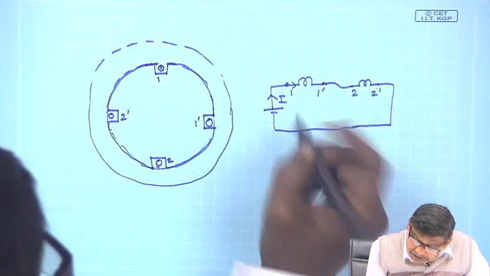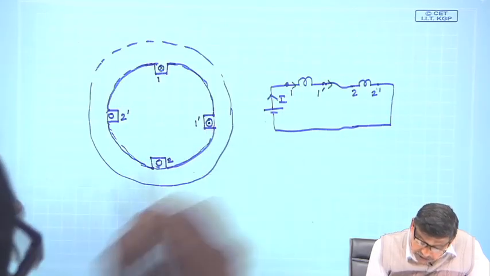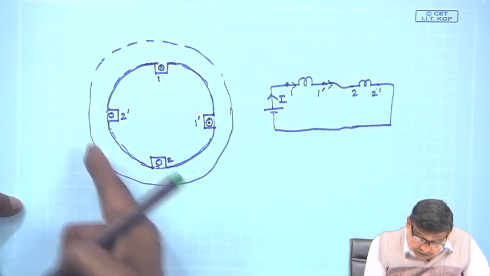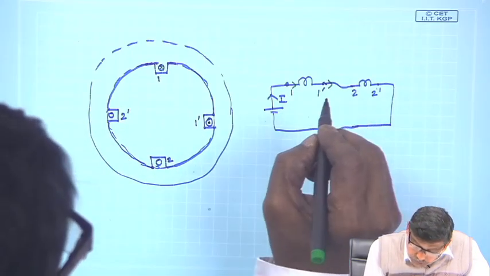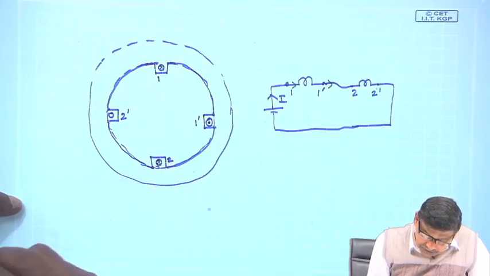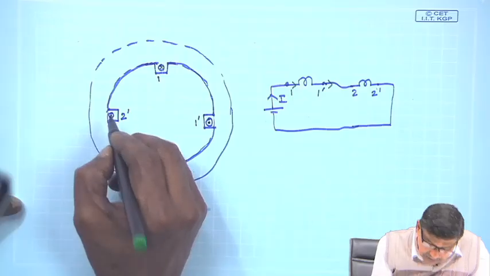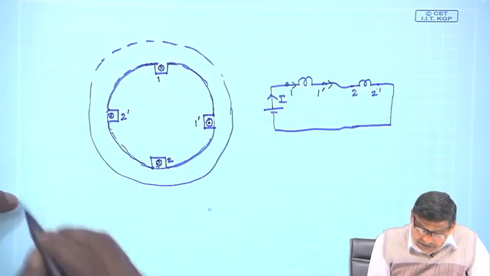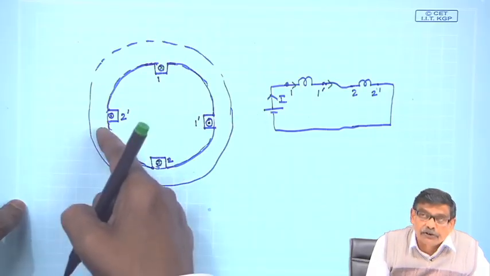Through the 1 dashed, current is leaving for this coil, so I must show a dot here. For the second coil, current is entering through 2, therefore I once again show it as a cross, and through the 2 dashed, current is coming out, I will show it as a dot. So, cross, dot, cross, dot.